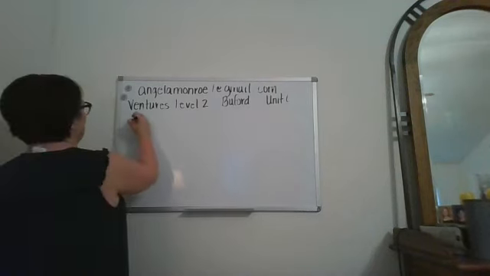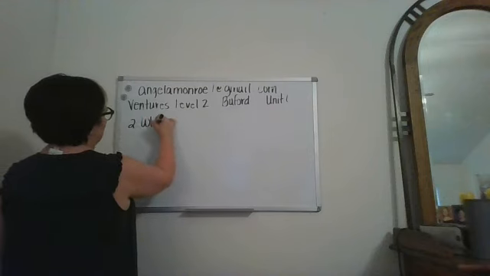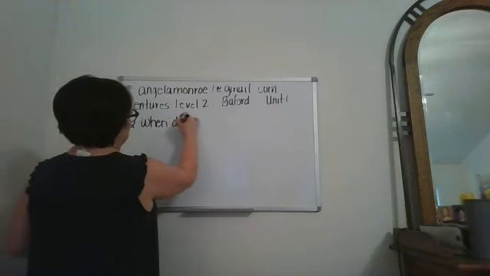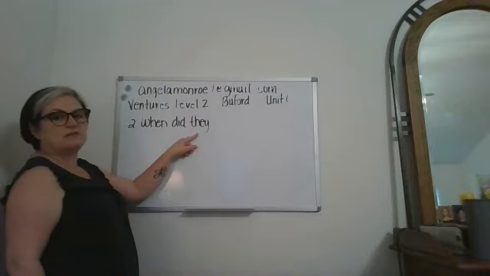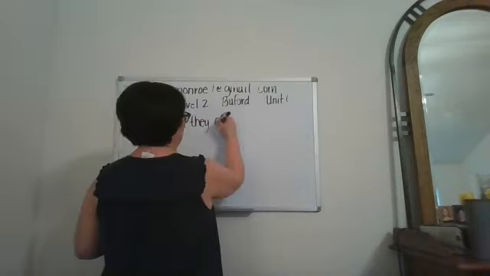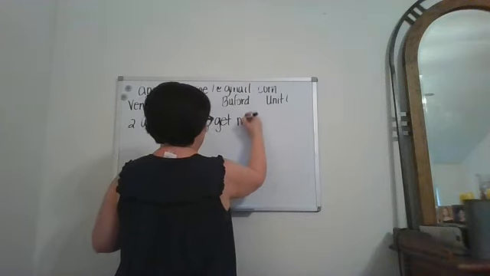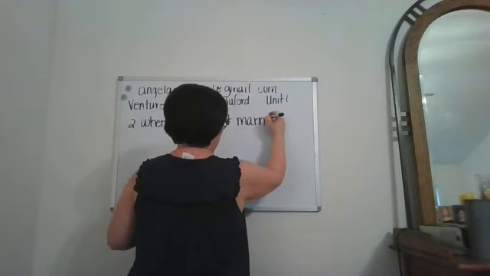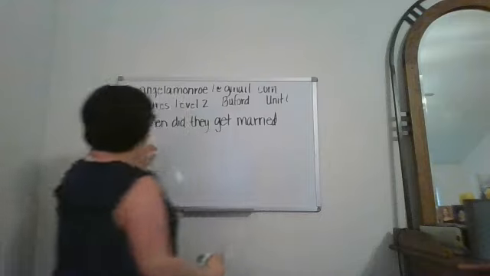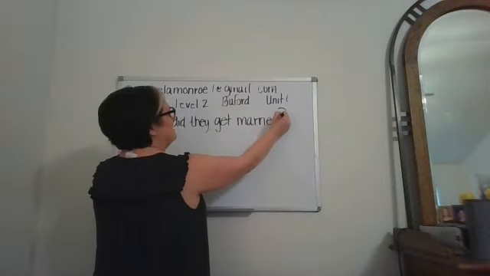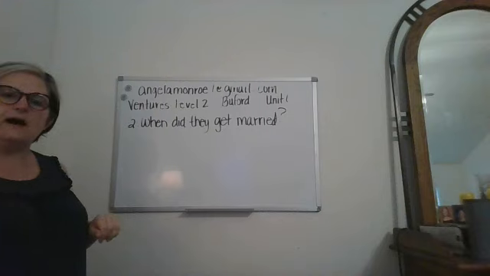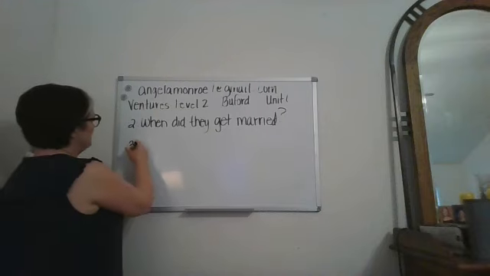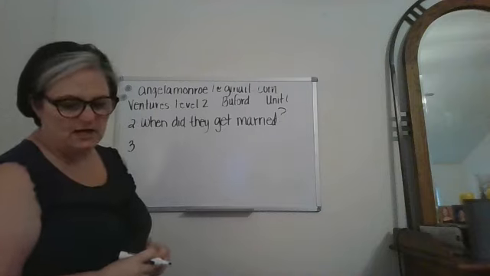So, the question would be, when did they, you can use Elsa and Pablo, get married? Also, remember that when we see the word when, we know we're talking about time. So that's how we know we're asking a question about time.